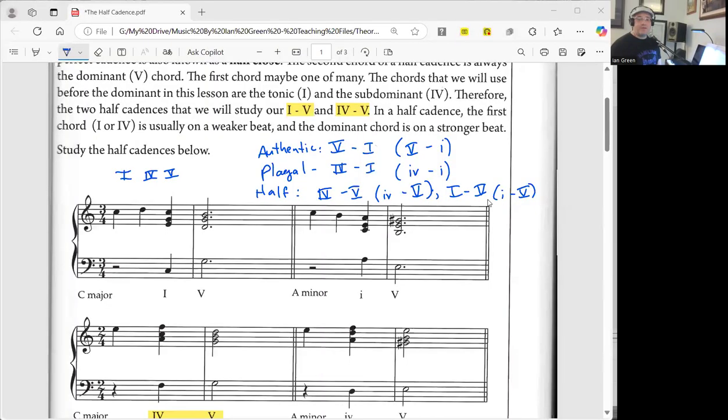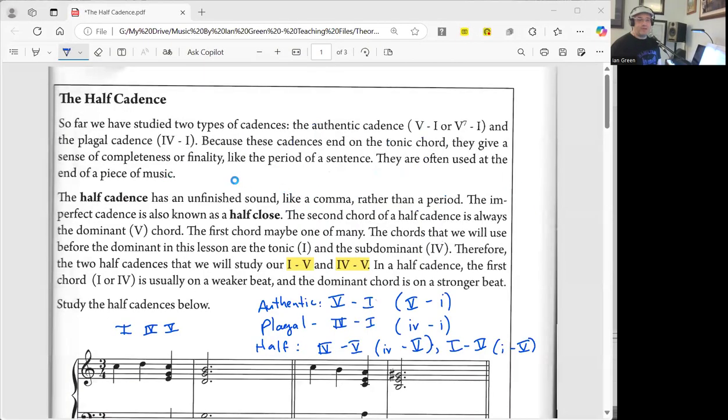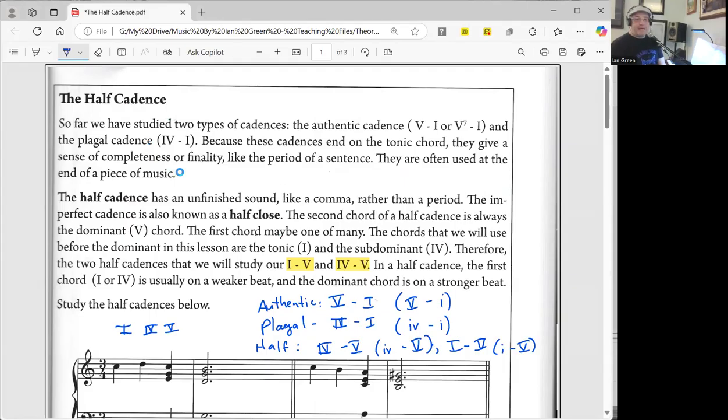So let me share my screen with another part of this great book. We are going to be looking at page 92 just for a moment. And you'll see here that we have two different types of half cadences.